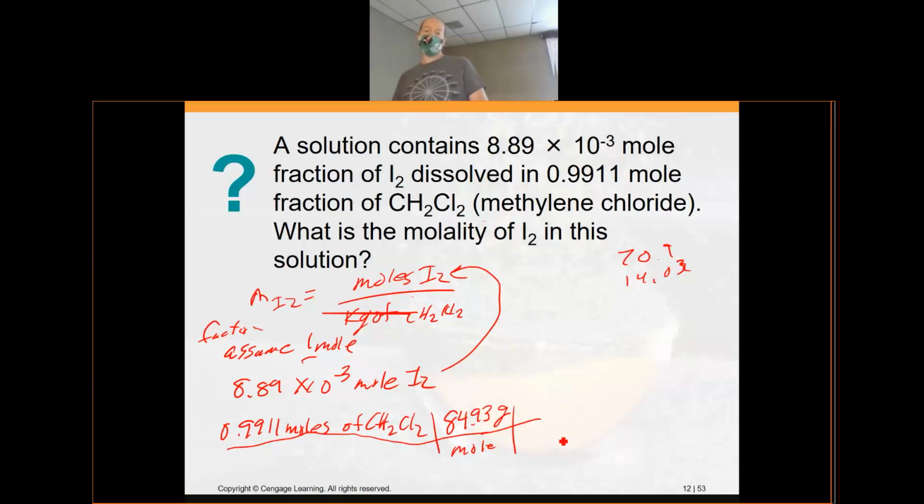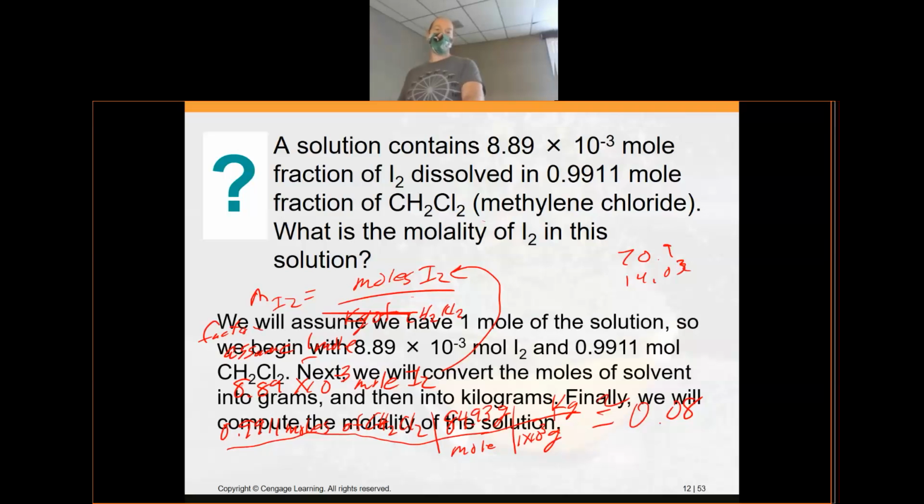And we don't want grams, we want kilograms. So we have to know that a kilogram is 1 times 10 to the third. And then we have our units correct in kilograms. So here we're going to get about 0.08. We will get the actual answer when they push the buttons.